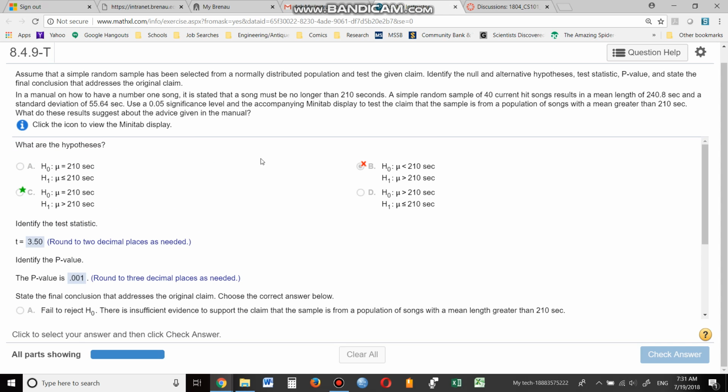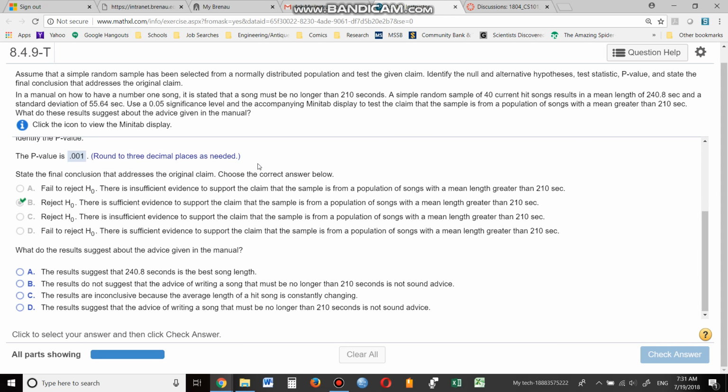Well, this record producer, whoever it is, says that songs must be longer than 210 seconds. He took 40 hits and found a mean of 240.8 seconds.